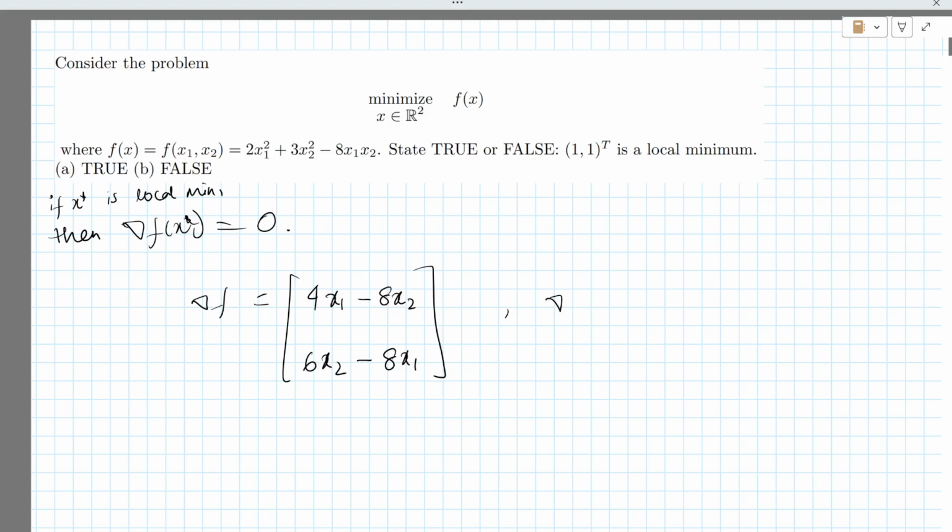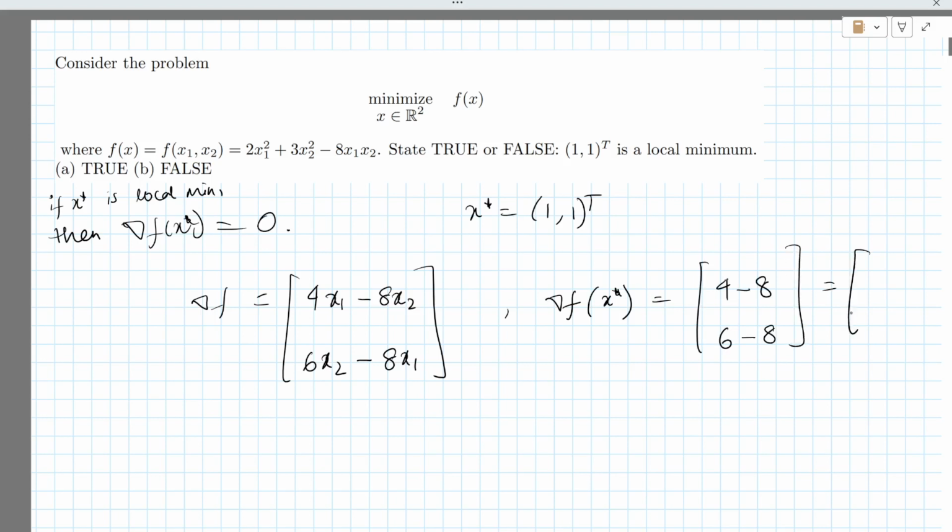The gradient of f at x star, where x star is (1, 1) transpose, is 4 minus 8 and 6 minus 8, which is minus 4, minus 2. So this is not equal to 0. So this is not a local minimum. So the answer is false.